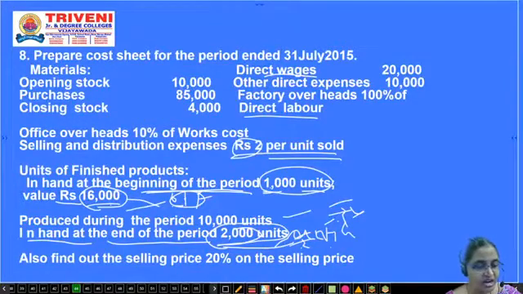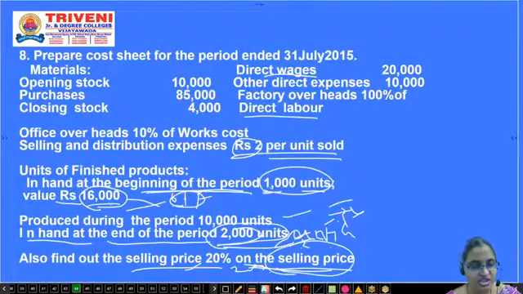The next point is a very important point in this sum. Also find out the selling price, with 20% on the selling price. Calculate the selling price. So the profit is 20% on selling price. Selling price 20% should be taken. On what should it be taken? It should be considered on sales. So in this sum, the first missing point was the closing finished goods rupees.